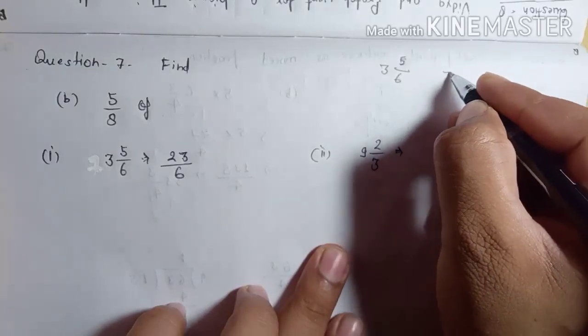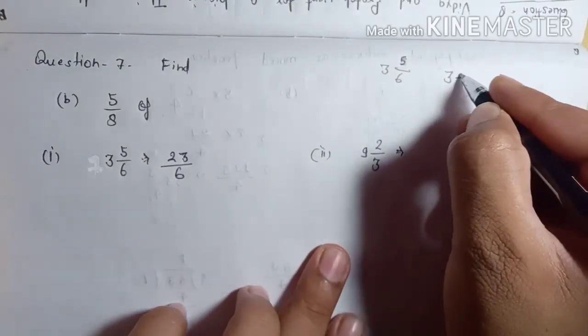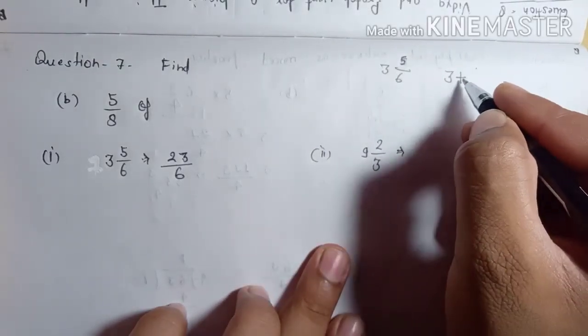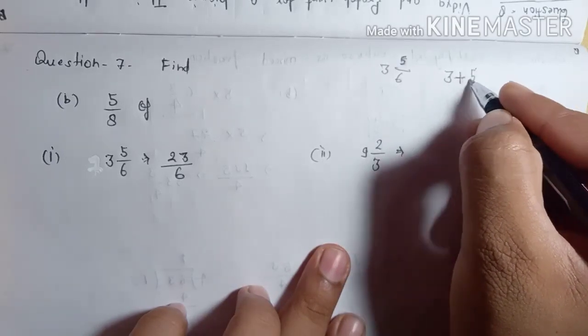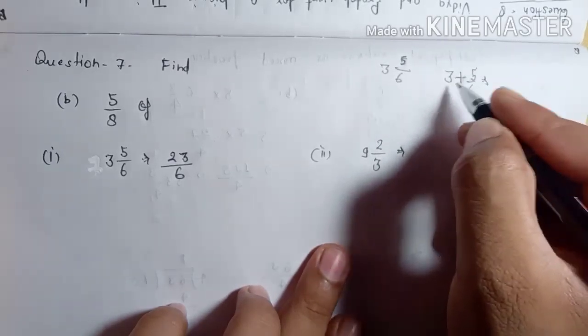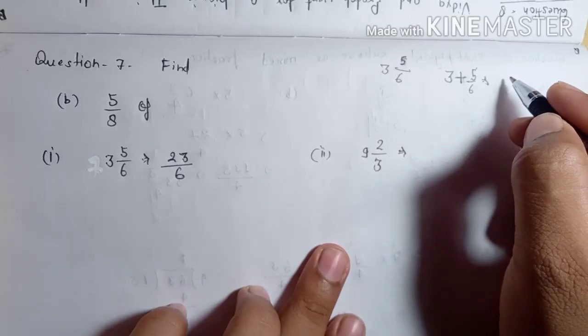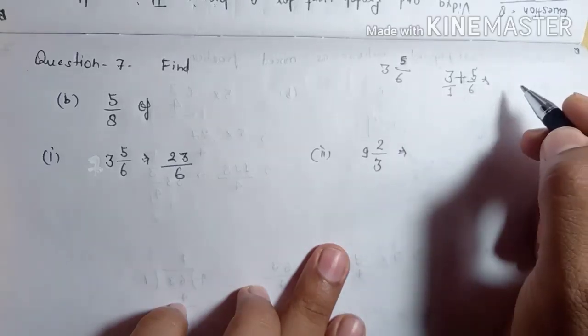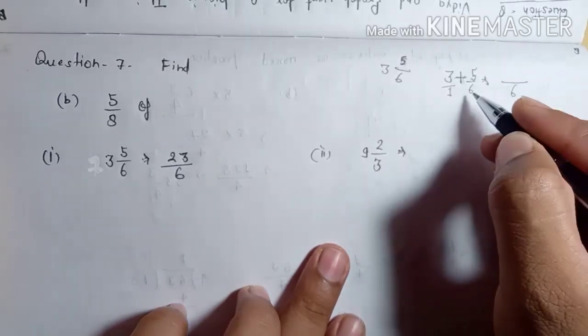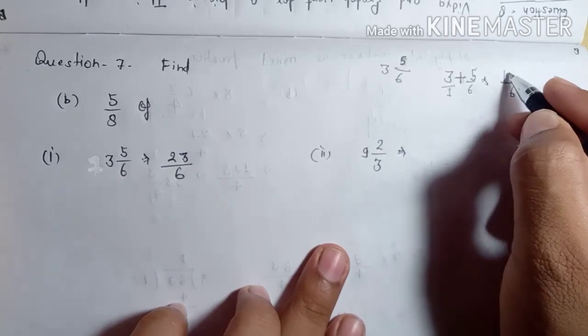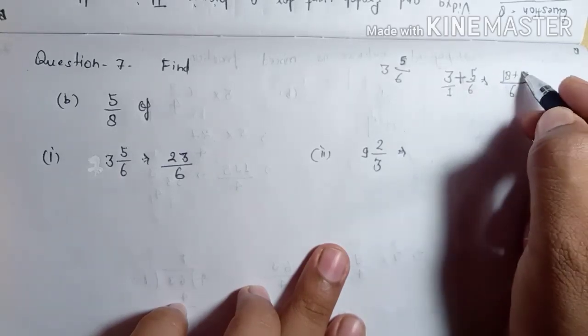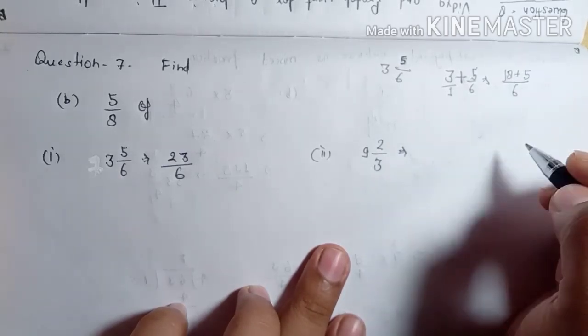Now add here, you can put a sign of sum. This is 5 upon 6, and add these two numbers. You will get what? 3 upon 1 it is, so 6 3s are 18, and plus 5, that is 23 upon 6.